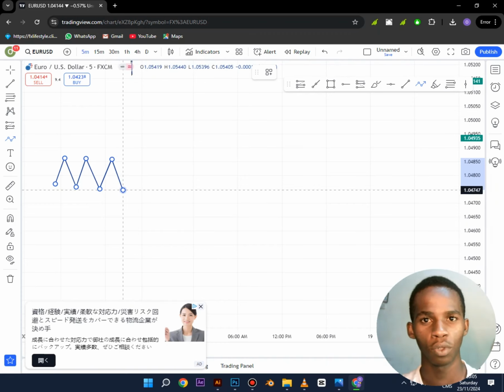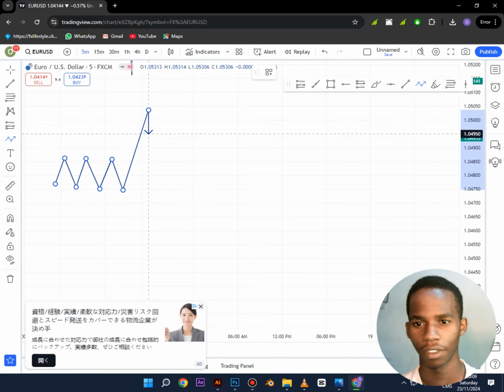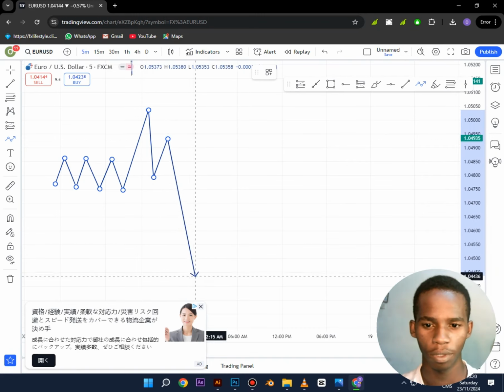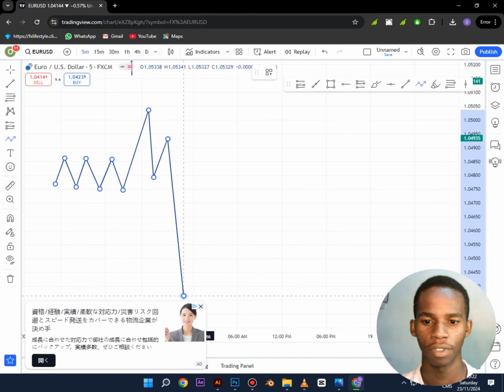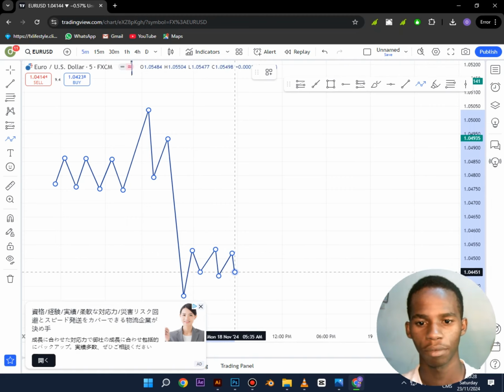After accumulation, we go to manipulation. Then from the manipulation, we go to distribution. So it goes down, big moves, and then from the distribution we go back to the accumulation phase.